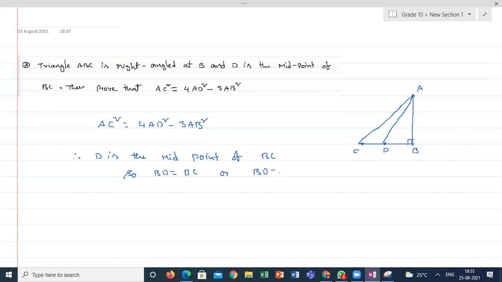Sorry, BC is equal to 2 times BD or 2 times CD because it's the midpoint. So from triangle ABC, angle B is 90 degrees. If I am applying the Pythagoras theorem, what is the statement I can write, guys? AC square is equal to AB square plus BC square.